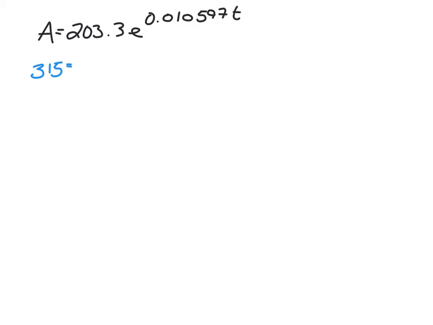Let's start with our model: A is equal to 203.3, our initial value, e to the 0.010597t. We want to figure out the time value for the population to reach 315 million. So if A is 315, we plug that into our equation and solve for t.